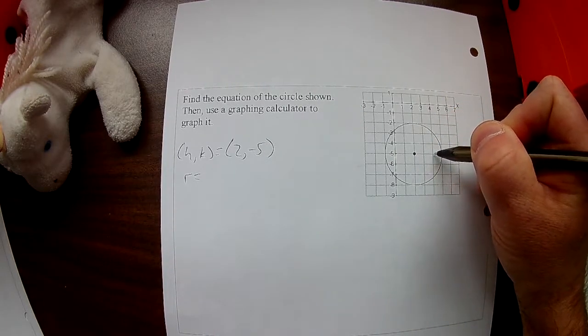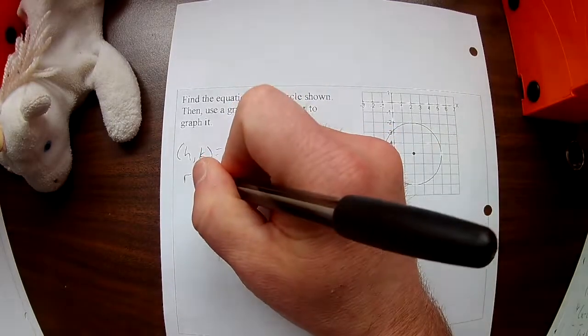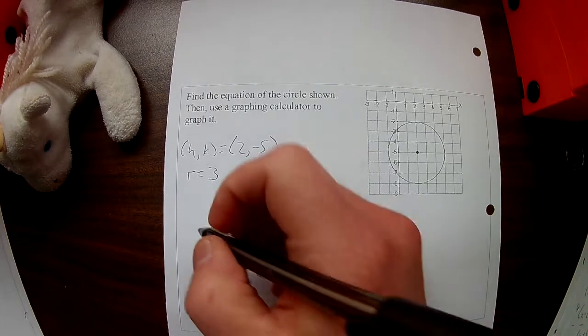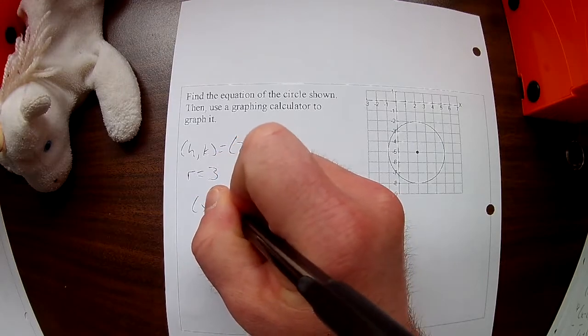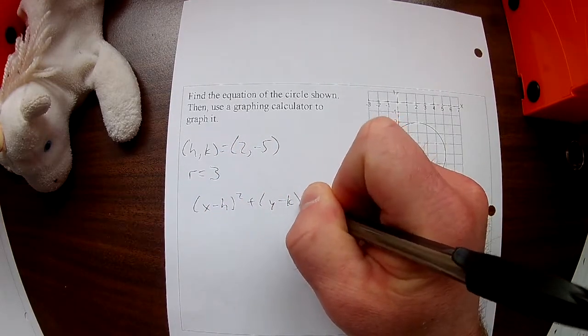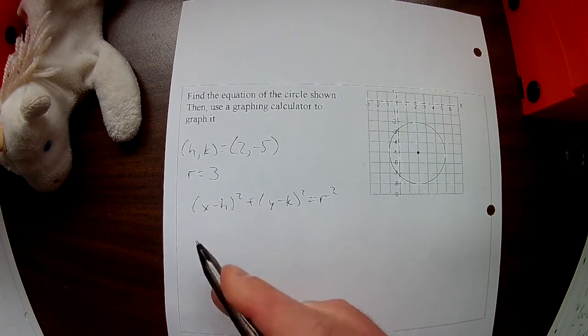We can see the radius is 3 in all directions, right? So r equals 3. And now, the big difficult part: you just wrote down the standard form of an equation. We know it's x minus h squared plus y minus k squared equals r squared. We just dump everything into this formula.